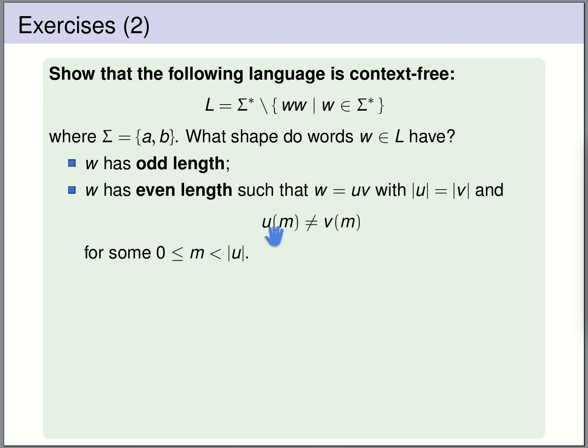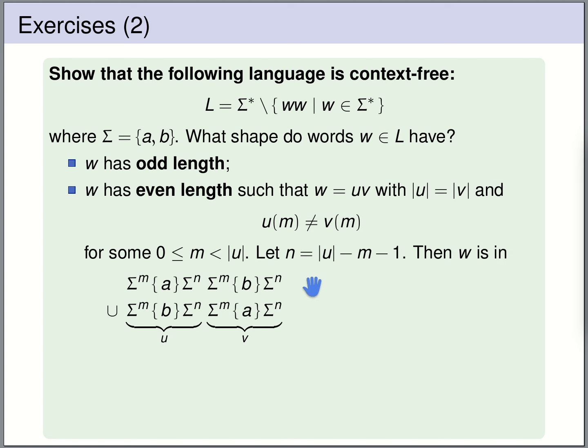Now, if they differ in the letter m, then we can also write the shape of W in a different form. Namely, W then must be of this shape, it must be in this language. Now, this might take a short moment to digest. What do we have here, this language? It's actually the union of two languages. We start with sigma to the m.